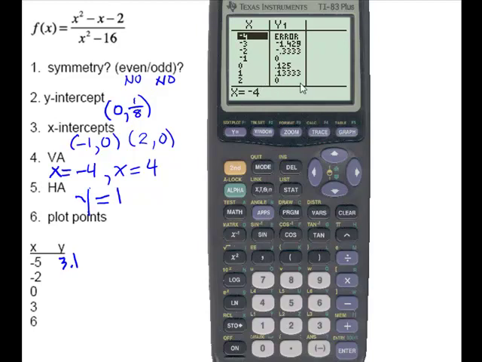All right, 3, we get -0.57. So a little bit more than -1/2. And then 6, 1.4. Right? So I'll fill those in, and then we will put things on a grid.